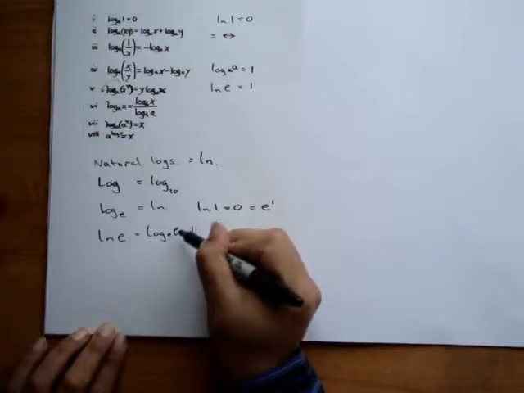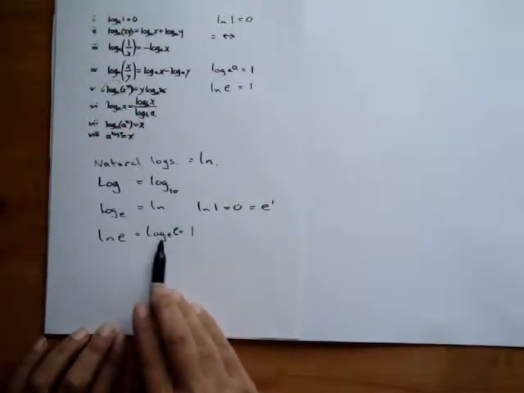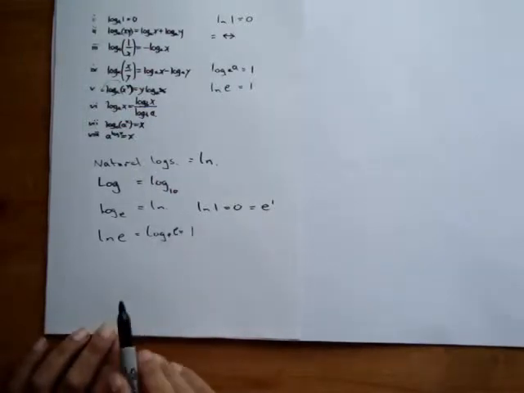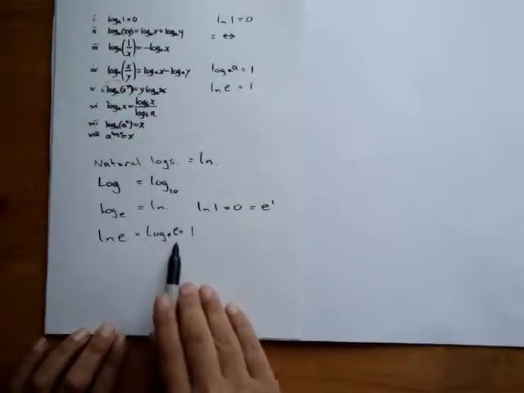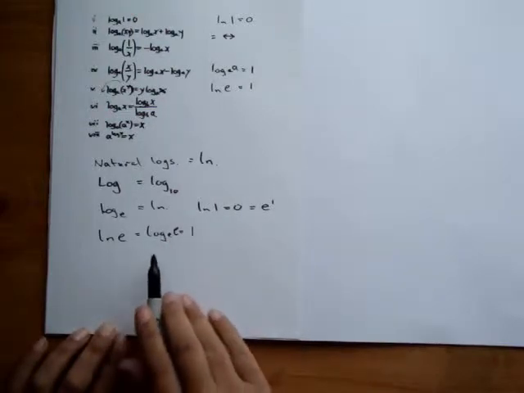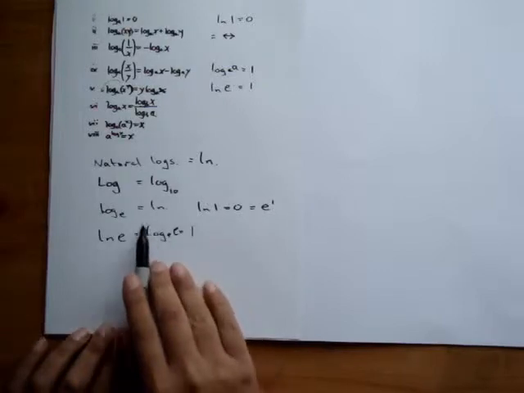So log e to the e, because this e and this e cancel each other out, or we consider them to cancel each other out, becomes 1. This is very important when we're working with natural logs and we do something called exponentiation of the equation.